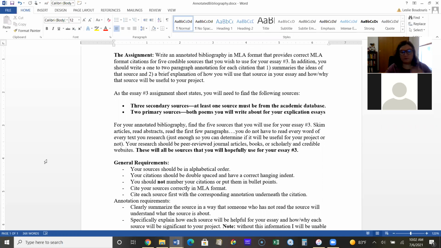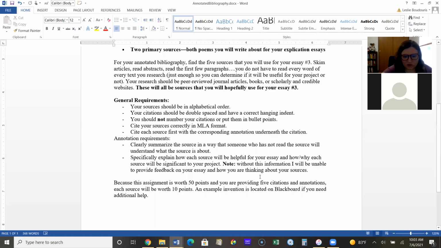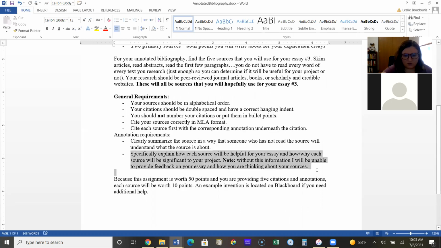The part of the annotated bibliography that in the past most people just completely don't add is the section where they need to explain how the source will be helpful to the essay. But that's also the most important part, because that's where I will provide feedback. I'm going to provide feedback on your citations too, because if you mess up on a citation, you should fix it and then put it in your essay.